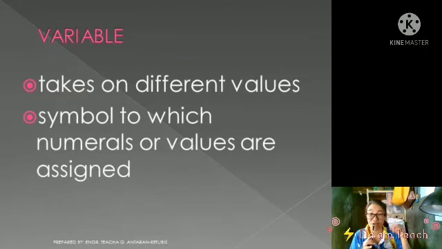Take note, differs. Let's say, for example, in your study, you are trying to study the ages of the students. Of course, the age varies from each respondent. Say, for example, Maria is 10 years old, Max is 18 years old, and Marie is, let's say, 11 years old.